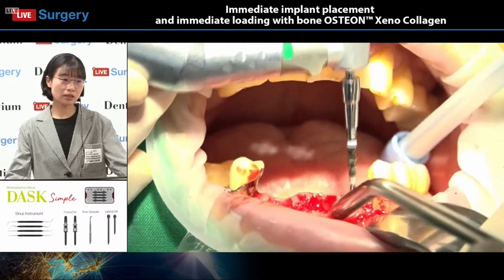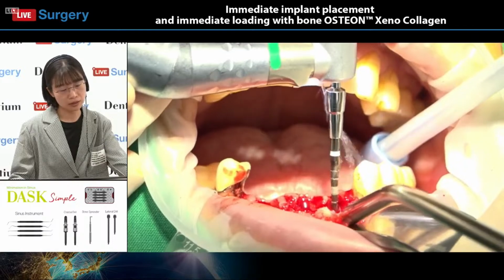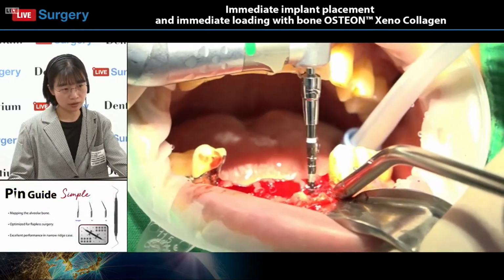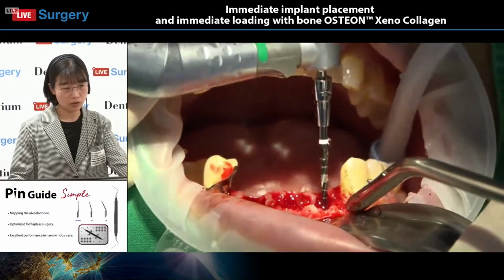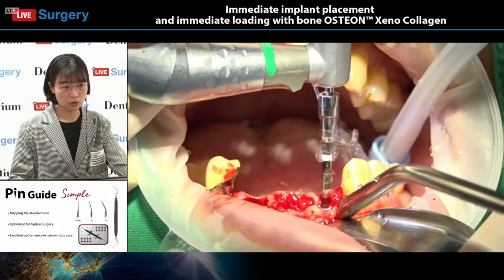Okay, now we start the drilling on the 32 position.